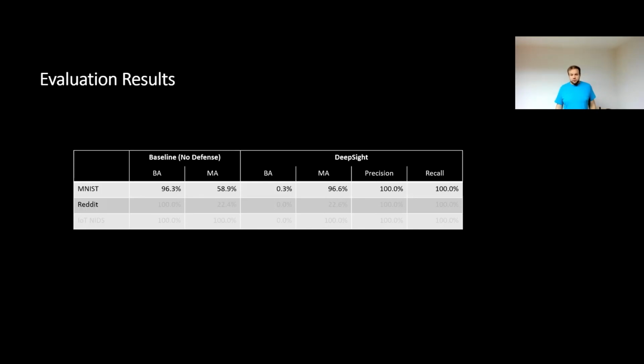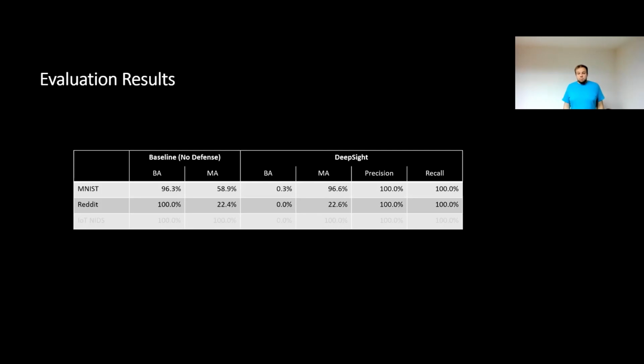The second application considers a natural language processing scenario, for example, word suggestion. Here we use a dataset consisting of Reddit posts, and again, the Backdoor accuracy is 100%, while the main task accuracy is 22.4%. Please note, NLP is a very complex application, so for this reason, the main task accuracy is, even without attack, only 22.6%.